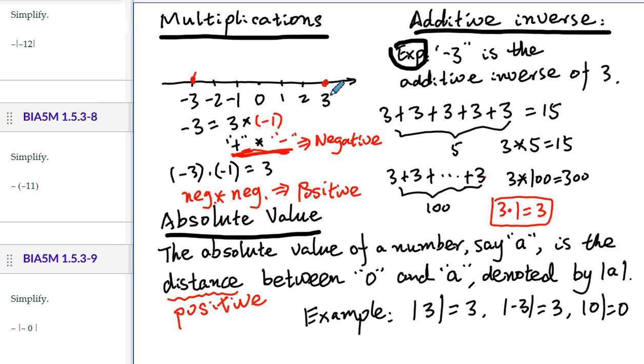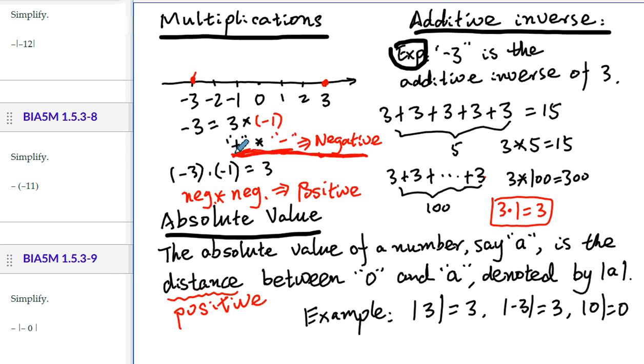And then here, 3 and a negative 3, they are opposite. So if you use 3 times -1 here, then it goes back to the left-hand side. So that will be -3. That's why we say we want positive times negative is negative. That's very important.